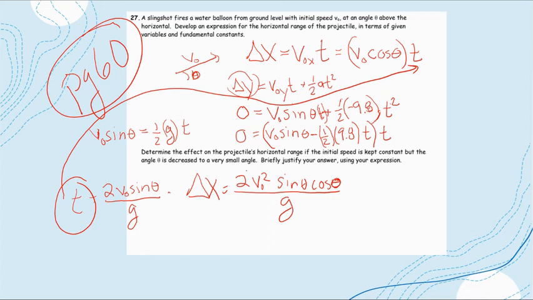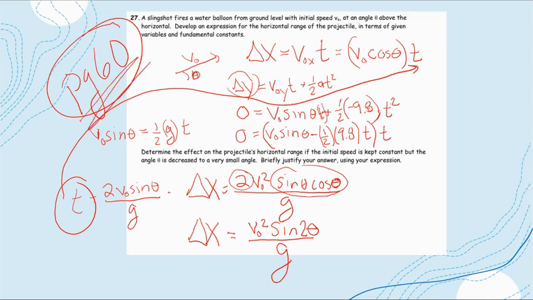So my change in x, or my range, is equal to V initial squared sine 2 theta divided by g. That took a long time, but it's worth understanding where it's derived from. So again, if you didn't follow something like that, take a look at page 60.